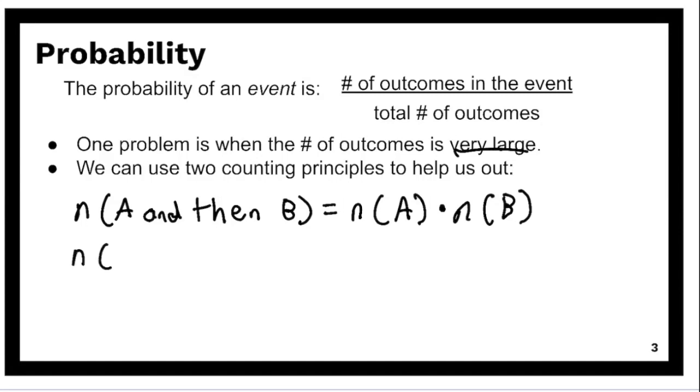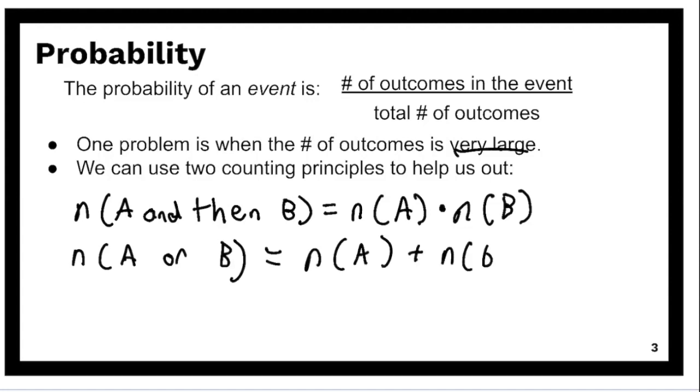We also saw the number of ways to go through A or B, if we started in the middle, was the number of ways to pick A plus the number of ways to pick B. So we can use these counting principles to help us out with answering some word problems about probabilities.